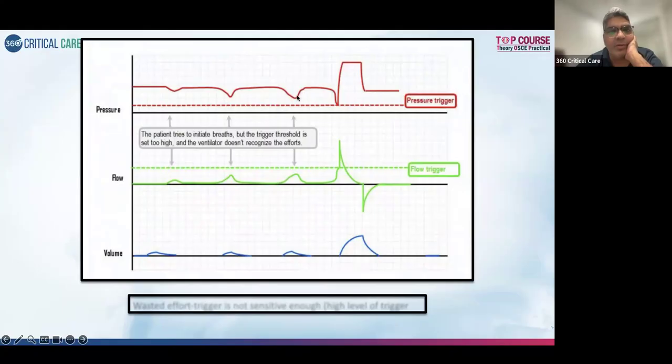Once the patient becomes more awake, stronger, then he can generate that negative pressure, and that is followed by a breath. The ventilator can be set in pressure trigger or flow trigger, that you already know. Usually the default in our setting is a flow trigger. Again, this can be seen: there is not adequate negative flow generated. The moment the patient generates that flow and reaches the flow trigger, it is followed by a ventilator breath.